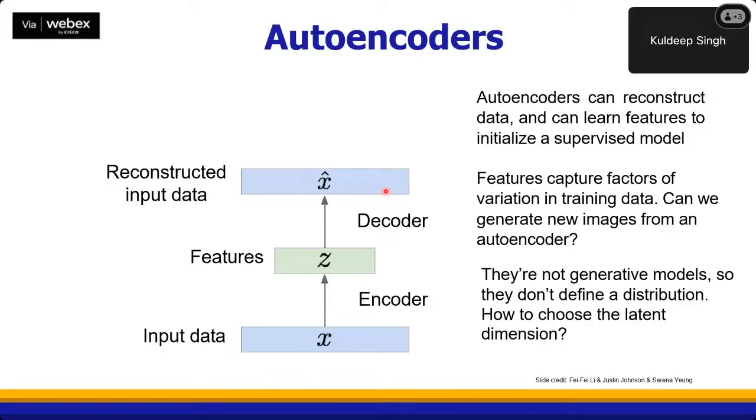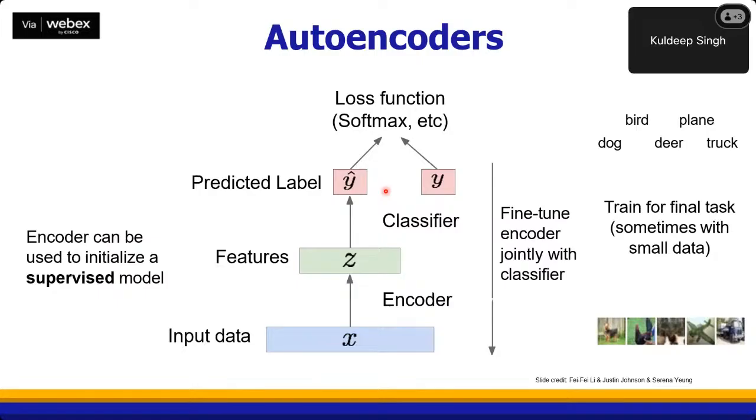We have unlabeled training data from which we can learn good, general feature representations, and then we can utilize these to initialize any supervised learning problem where we don't have enough data to train the classifiers, where we have only small data.